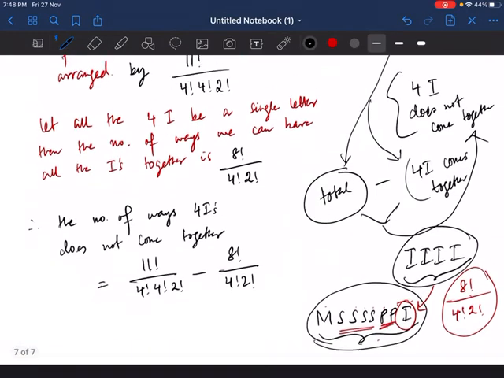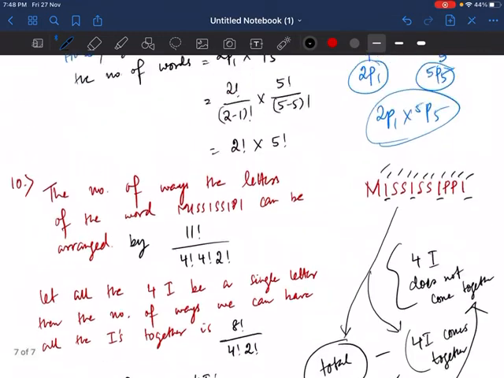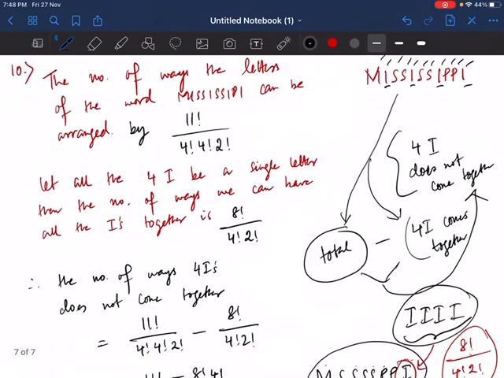That will give you the answer. Now if you do the LCM, you will get 4 factorial, 4 factorial, 2 factorial. So 11 factorial minus 8 factorial, 4 factorial. Now if you solve this one, then you can easily get the answer. Okay, clear? So that's how we solve this question. Now you just have to multiply and find out the value. So this is how we do question number 10.